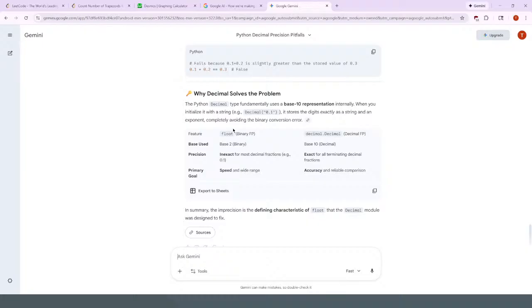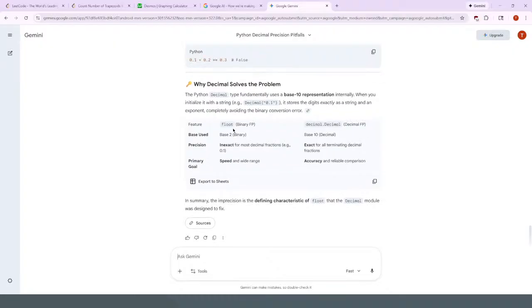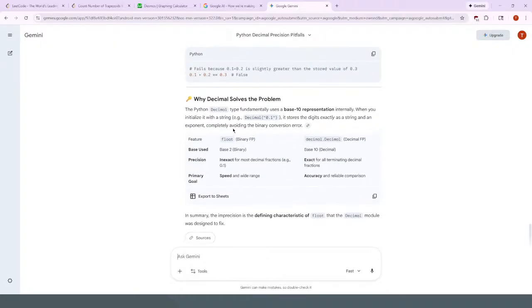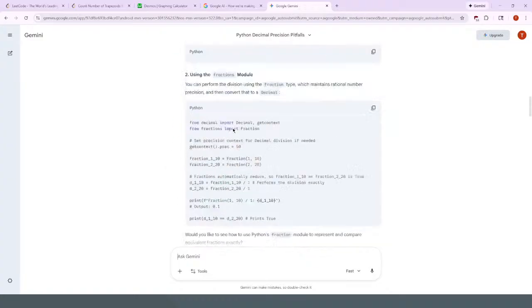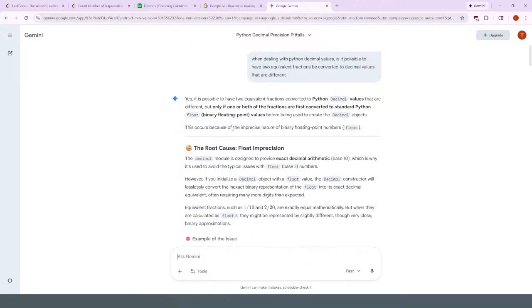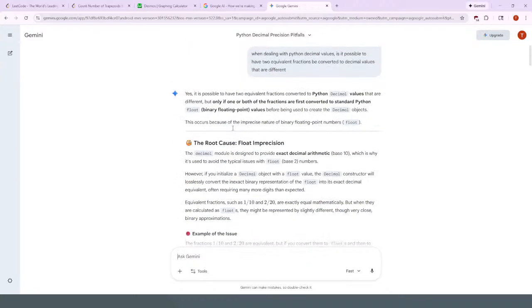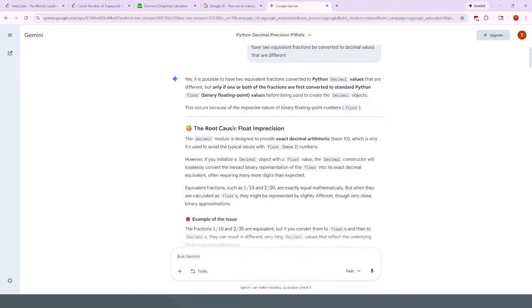Python decimal type, and use passing that when you initialize. Only if, oh, okay.